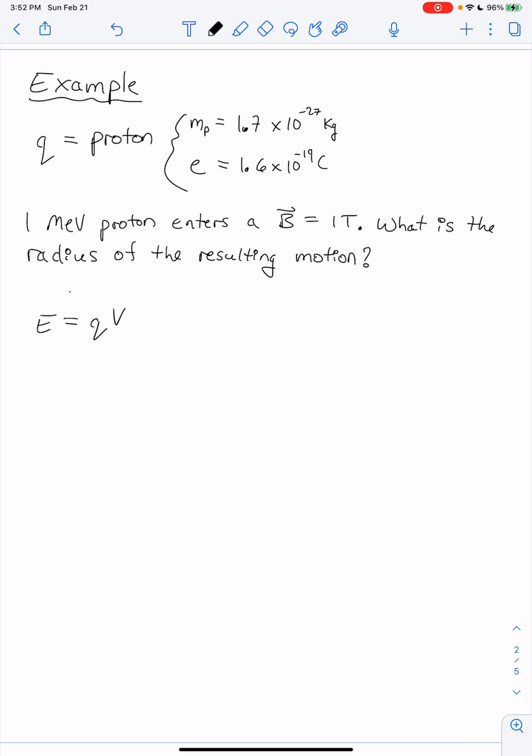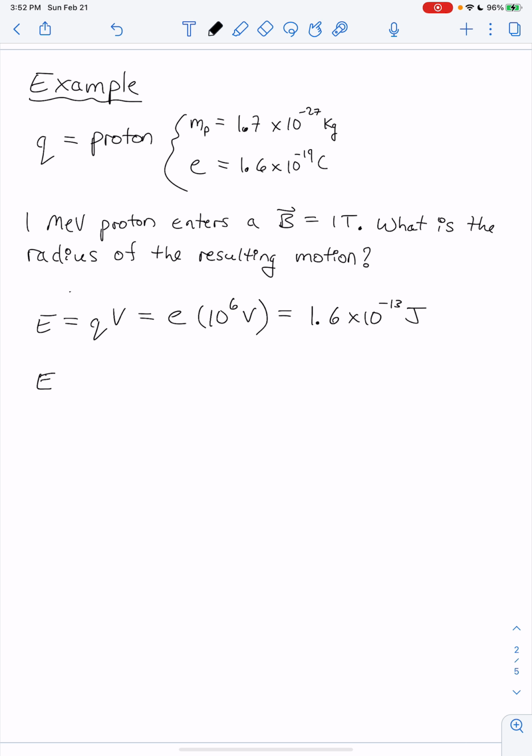And what this is equal to here is the charge is e, because it's a proton, and this is 10 to the 6 volts. And so this we could then turn into an amount of energy, 1.6 times 10 to the negative 13 joules. That's the amount of energy that is carried by this proton.